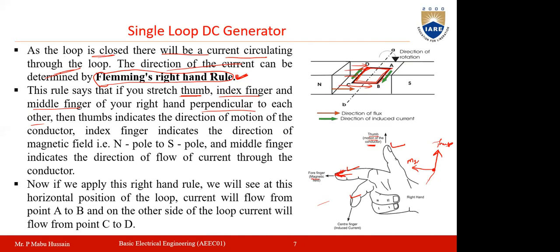Now you point your thumb towards the movement, how you are rotating your conductor. Your forefinger or index finger you point towards the magnetic field. Then the third finger will represent the direction of your induced current.